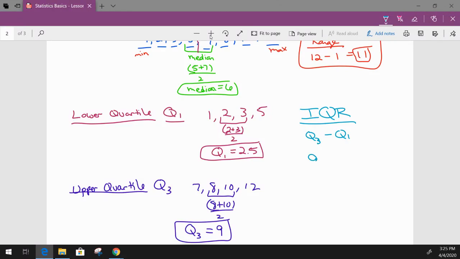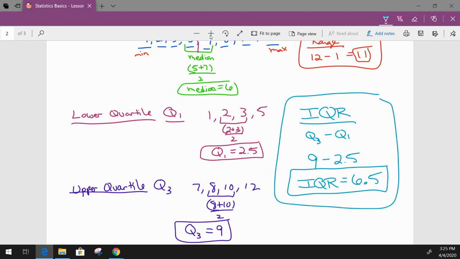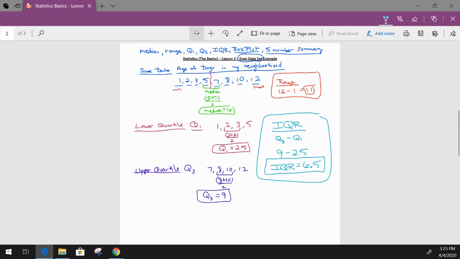So my Q3 is 9, my Q1 is 2.5, so my interquartile range is 6.5. That basically talks about how spread out the middle part of the data is. All right, so zoom out here.